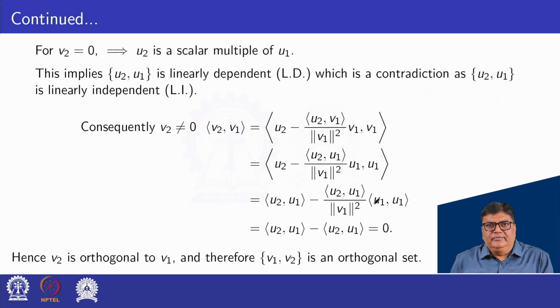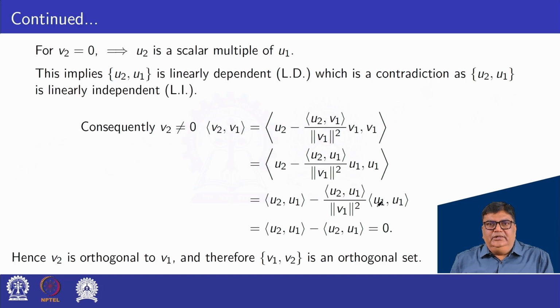So this can be written as the inner product of U2, U1 minus the inner product of U2, U1 upon norm of V1 squared, into the inner product of U1, U1. Okay.